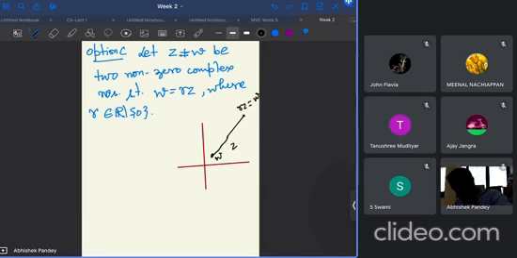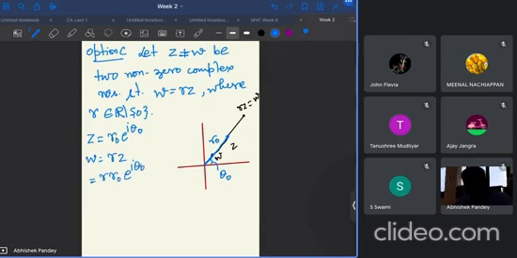So what we can do here is that Z, let us write as r naught e to the power i theta naught. So r naught means, if you take Z here, this is your r naught, and this is your theta naught. Now W is equal to r into Z, which means r into r naught e to the power i theta naught.